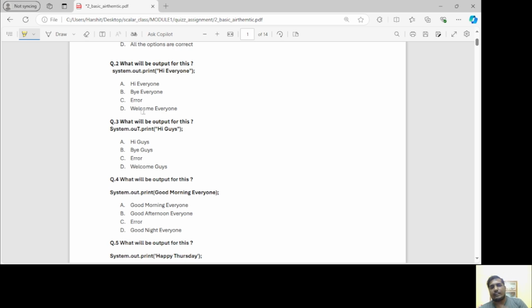See this statement very carefully. In question number 2, the answer is an error. Why is the answer an error? Because Java is case sensitive. The small s is not defined. Java doesn't know the meaning of small s. Capital S is defined, because in System the capital S is defined. The small s system is not defined. So Java is case sensitive.